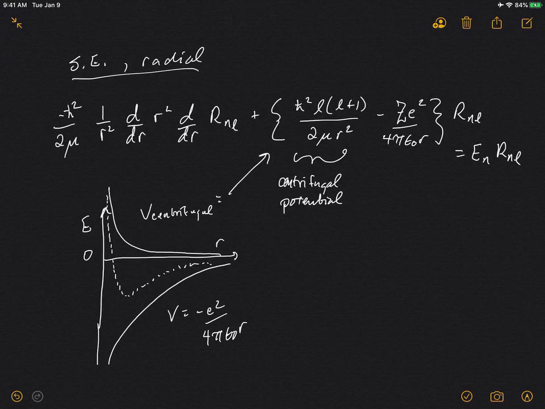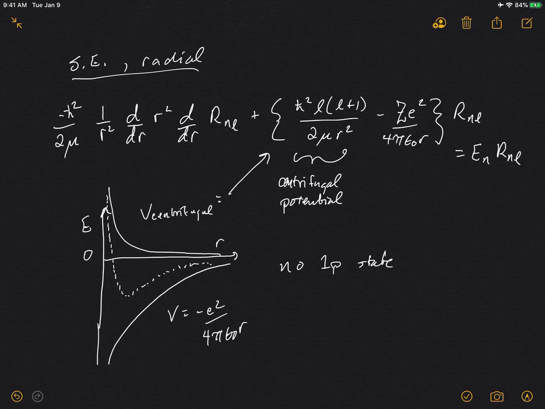And for instance, that's why we can't have a 1p state. You can't put one quantum of angular momentum, the p states correspond to L equals 1, and there would be the centrifugal potential in that case at such a small r associated with the n equals 1 state, right?